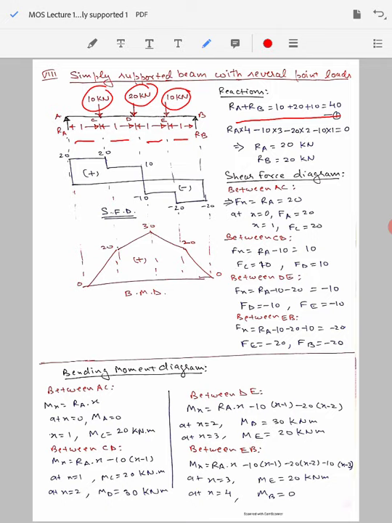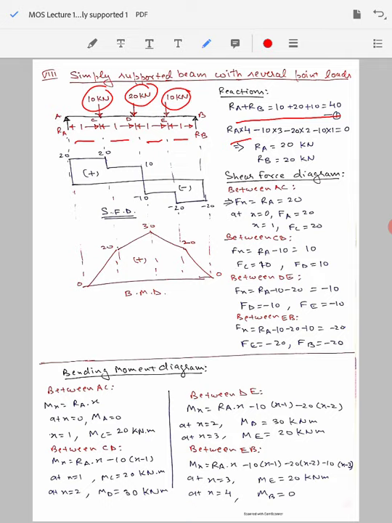But still, for the sake of doing it by the method, let's find the moment of these forces about point B. RA is at a distance of 4 meter from point B, so RA into 4. This is the first expression, and it is the only clockwise moment that is acting. The rest of the moments acting on the beam will be anti-clockwise because of the applied forces.